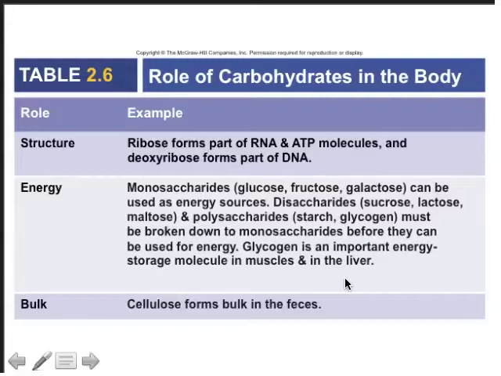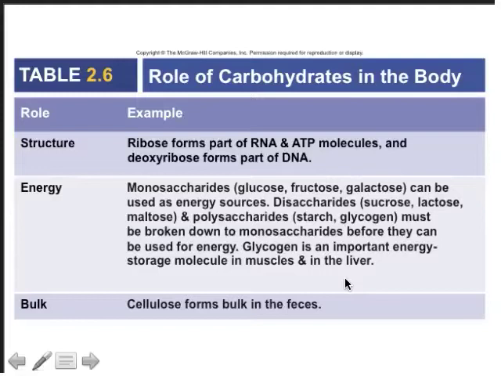Their structural role is important. They serve as components of extracellular matrix. They're also the backbone of RNA and DNA, as well as nucleotides. They're an energy source. The monosaccharides and the polysaccharides can be oxidized.